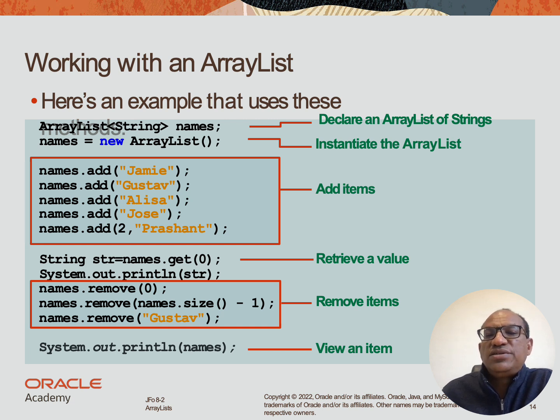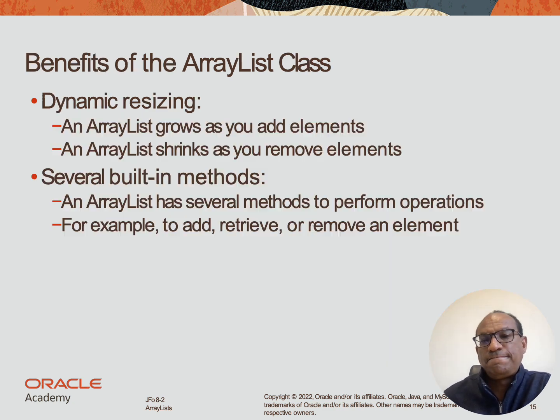You can pass the ArrayList to System.out.println, so the resulting output is Prashant and Alisa. Note, removing an item does not leave a gap in the array. The array size is reduced. Key thing to remember: when you remove an item, the list shrinks and shifts elements. No gaps are left behind.